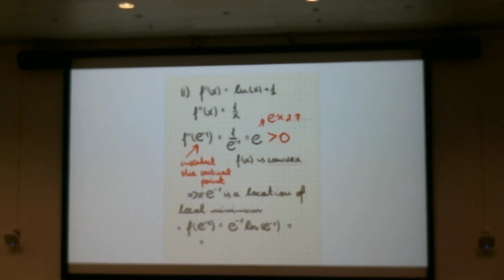So I have e to the minus 1 times minus 1, and logarithm of e remains. However, what is logarithm of e? It's just 1, right? So here we go. Therefore, it's minus e to the minus 1. So this is our minimum value of this function.